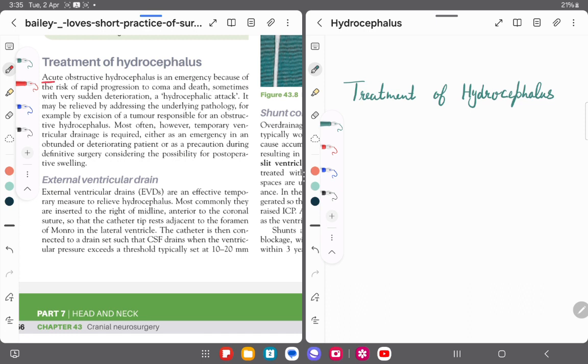Why is it an emergency? Due to risk of rapid progression to coma and death.